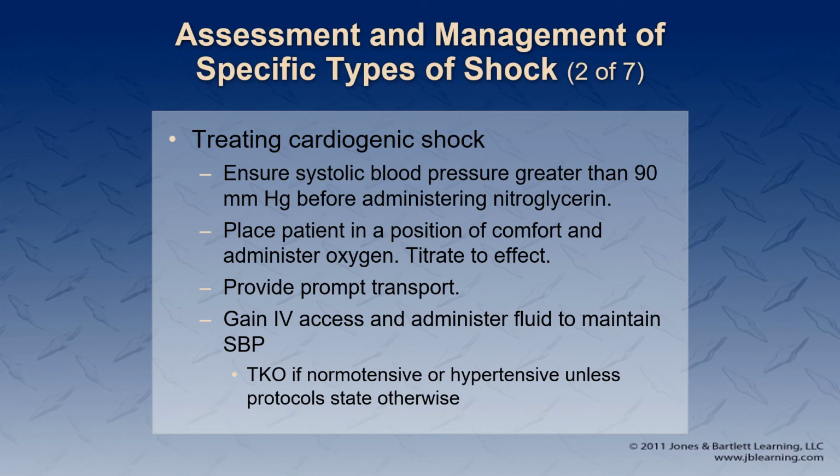Cardiogenic shock, right? Nitroglycerin is a venodilator predominantly. So if we dilate the venous end of things, we're preferentially expanding the return to the heart. That reduces the strain on the right heart, right?